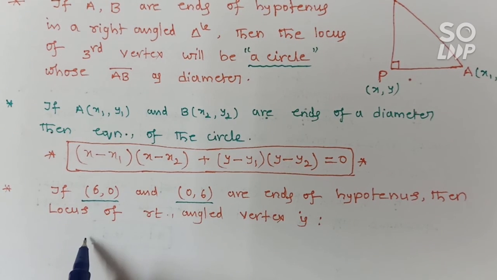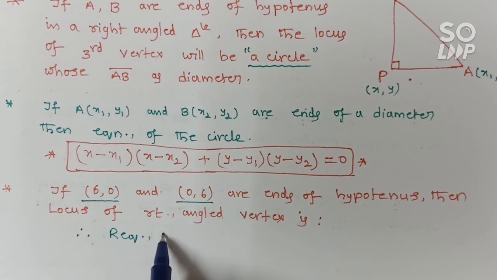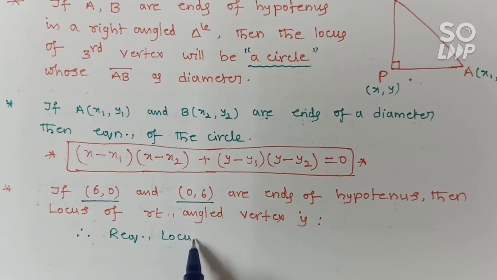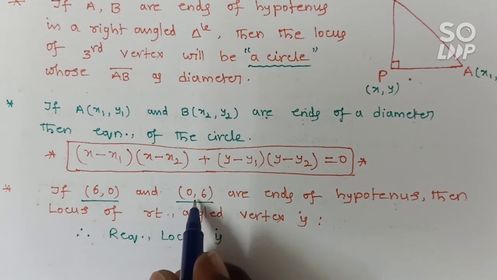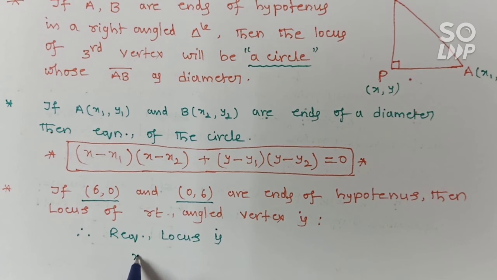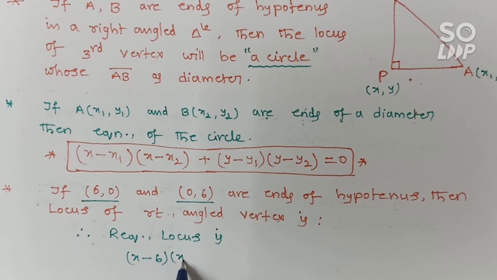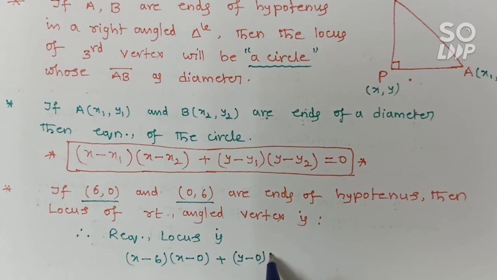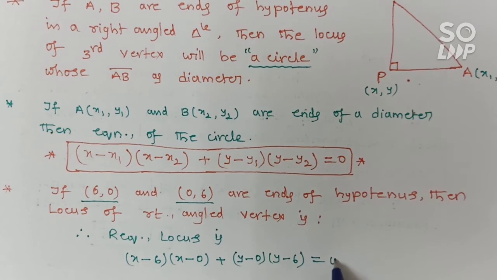By applying this formula, the required locus is: this is x1, y1, this is x2, y2. (x minus 6)(x minus 0) plus (y minus 0)(y minus 6) is equal to 0.